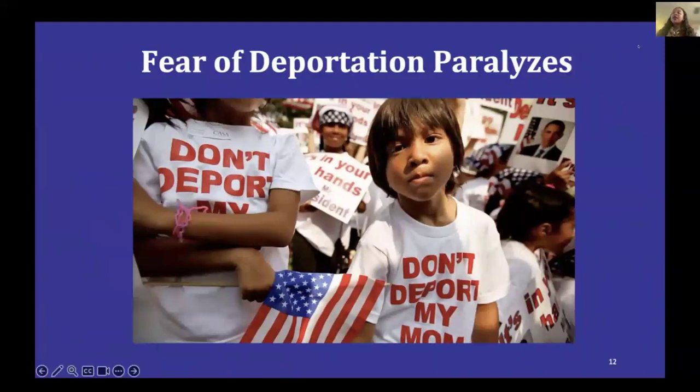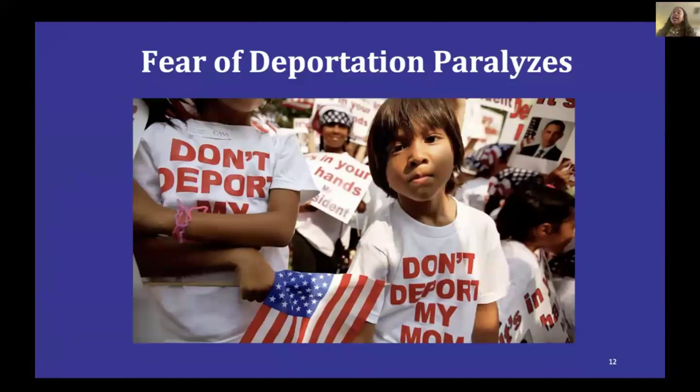Fear of deportation paralyzes. And so instead of saying something and perhaps losing their children, or being themselves deported, or getting their loved one, who they love and who may still be an abuser, deported, that fear paralyzes and they just suffer in silence and they take on that abuse and they say nothing.